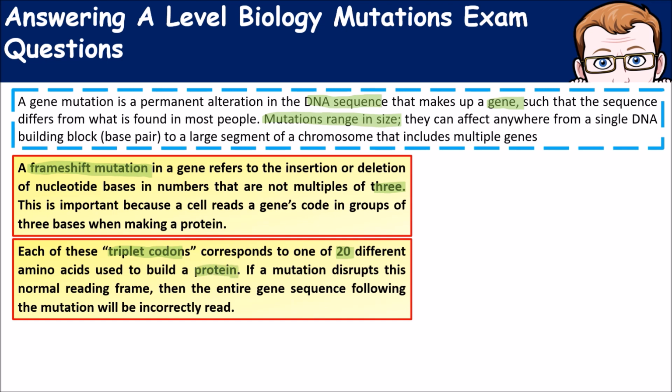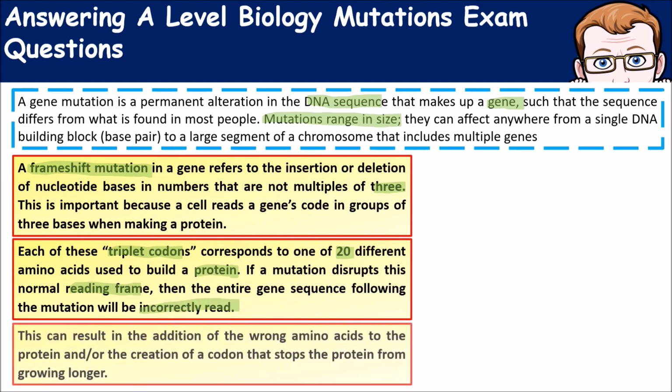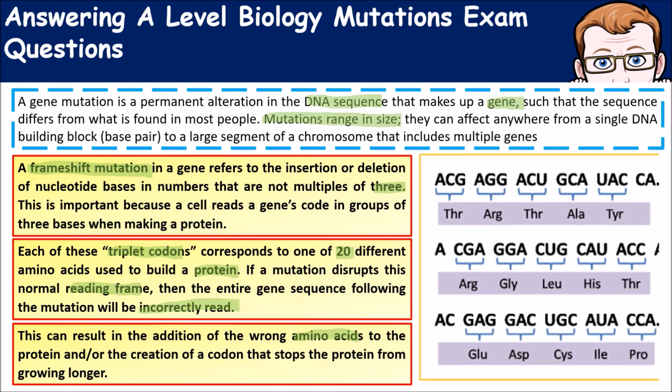If the mutation disrupts this normal reading frame, then the entire gene sequence following the mutation will be incorrectly read. This can result in the addition of wrong amino acids to the protein or the creation of a codon that stops the protein from growing any longer.